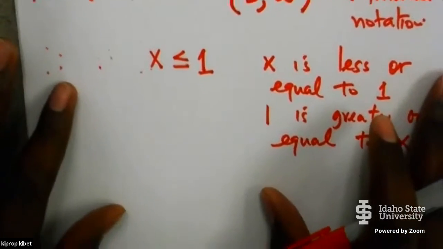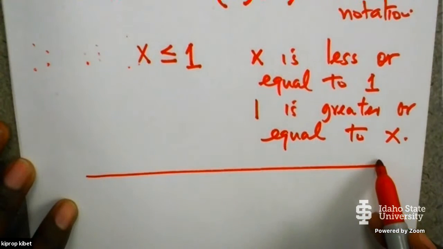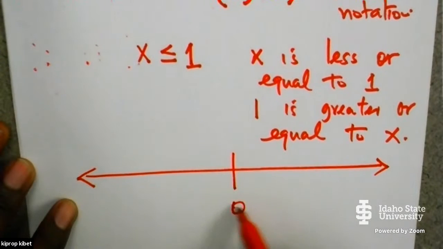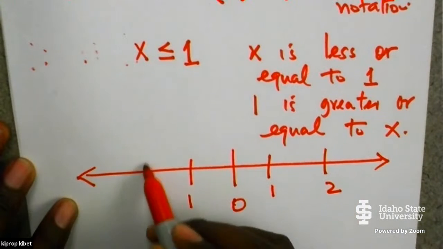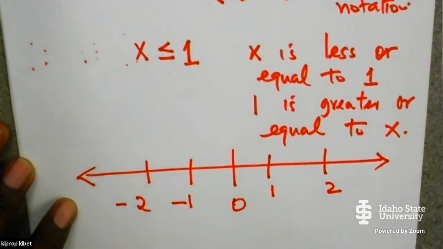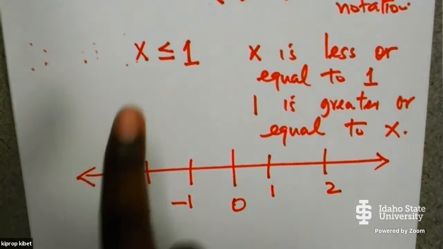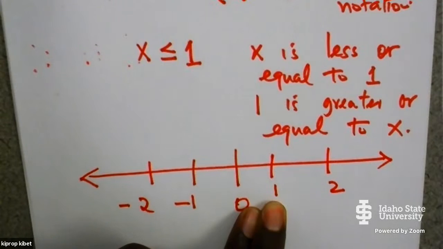Again, first step, you draw a number line. We have the 0 here, we have 1, 2, and these are negative. We have x less than or equal to 1, so you go to where 1 is.